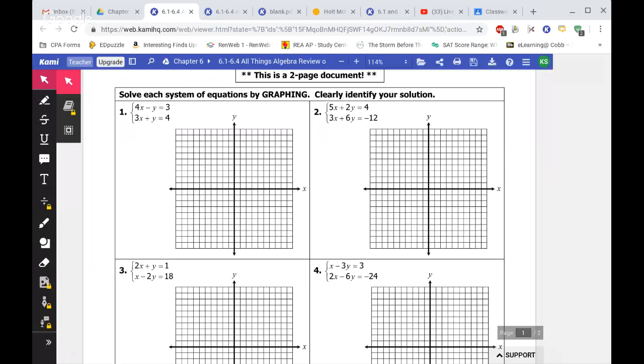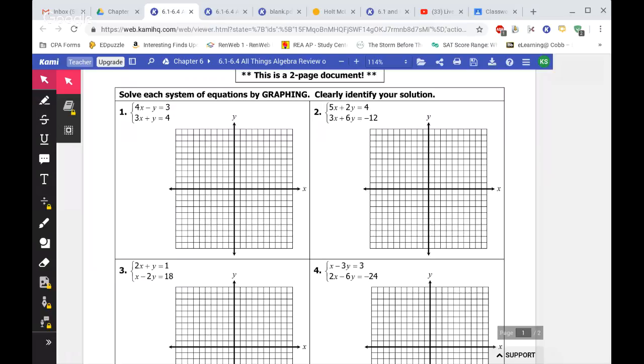Okay, so basically what we're doing today is reviewing all of the different ways to solve systems of equations. We're going to do graphing first, substitution second, and then elimination third. And what I'm going to try to do is do at least 2 from each section.